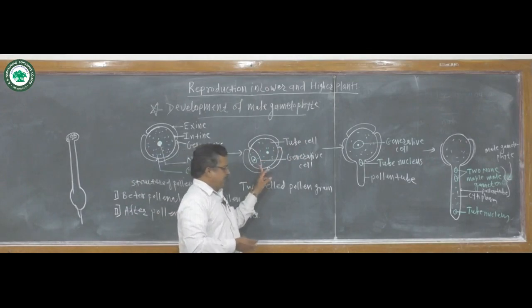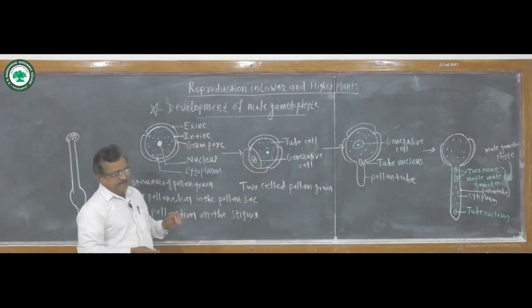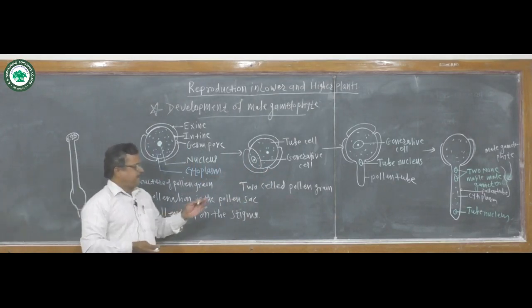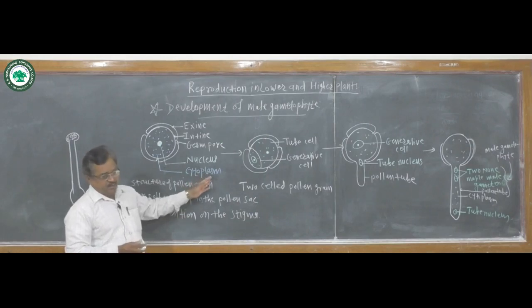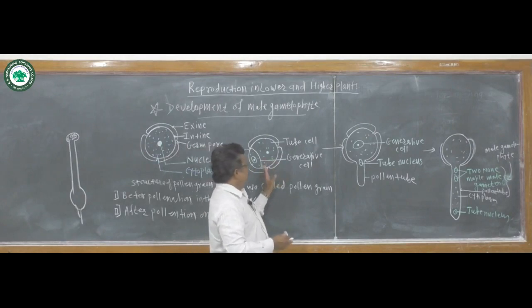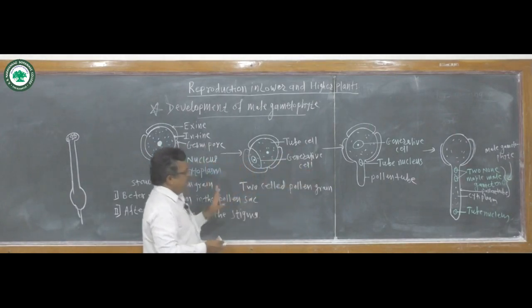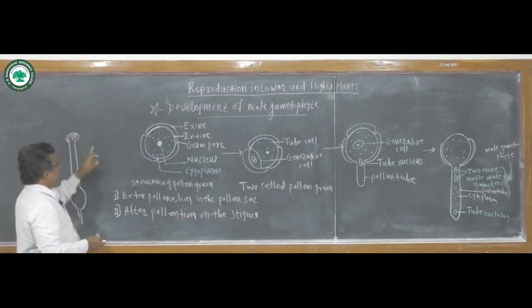Then the two-celled pollen grain is liberated from the wall of the anther, that is, the pollen sac, where pollination is carried out, and this pollen grain is transferred on the stigma, where the sugary substance is present.